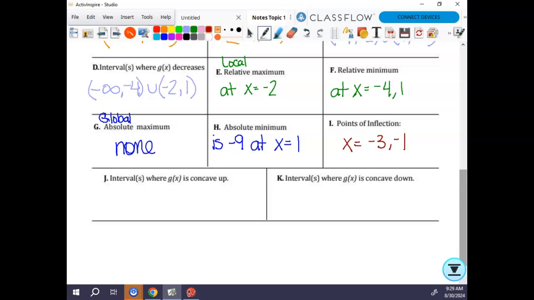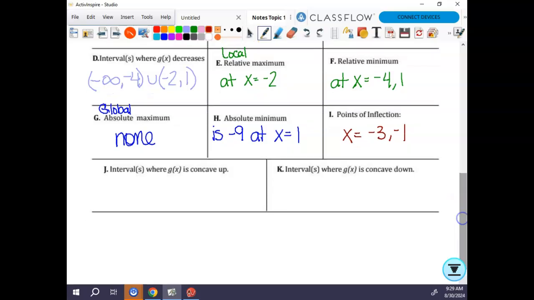So now that we know where those are, we can answer this next question, which is the intervals where g is concave up. Where does g start being concave up for the first time? -infinity. Good. And it is concave up from -infinity to what? -3. Good. Are we concave up again after that?